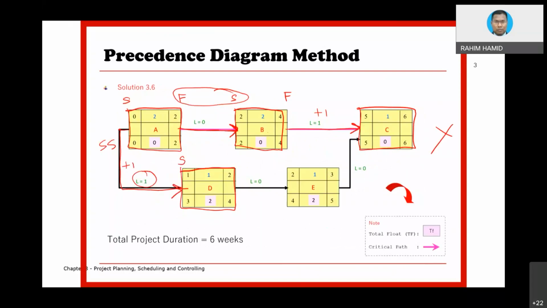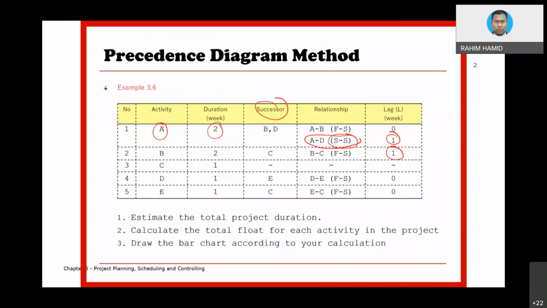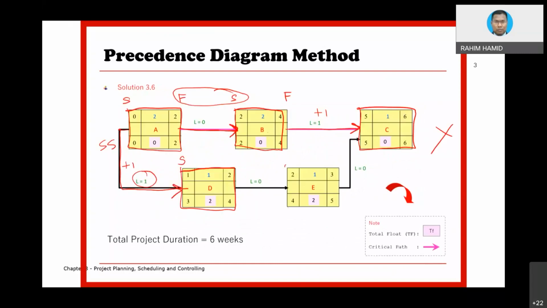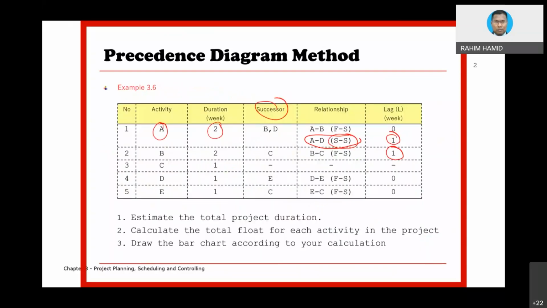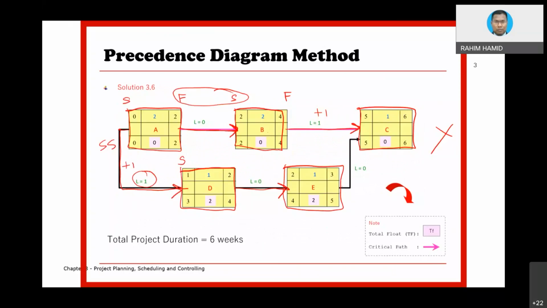D, successor is E, finish to start. And then E is basically connected to C. So that is the relationship and information that you need to construct first.